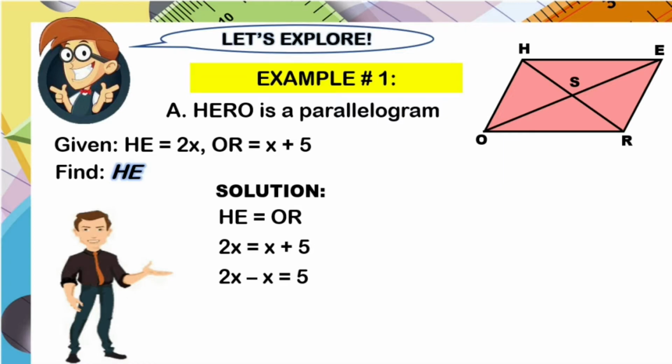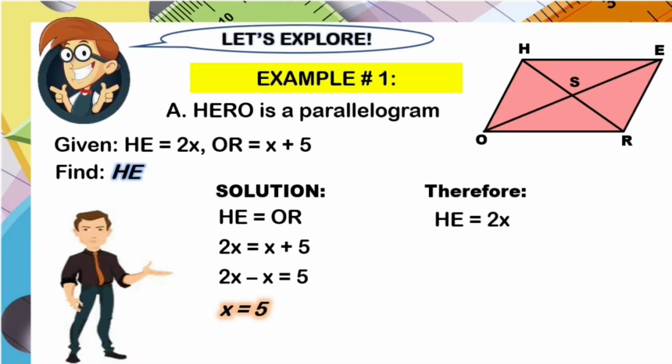Using APE, addition property of equality, we add negative x on both sides of the equation. Thus, we have 2x minus x is equal to 5. Simplifying the equation, we have x is equal to 5.